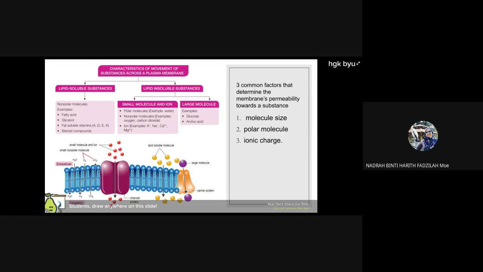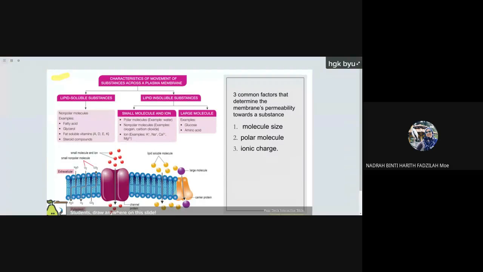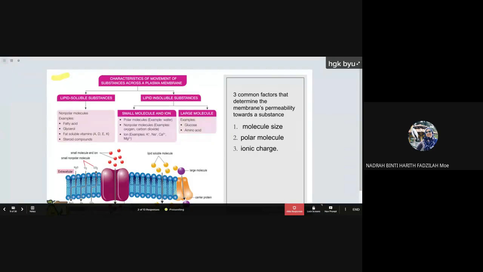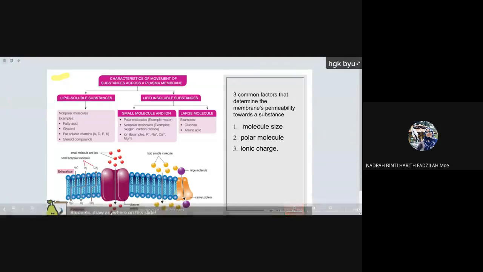Diagram ni saya ambil daripada textbook supaya resource kita adalah sama saja. Tak ada beza-beza lah. Saya punya boleh rujuk pada saya punya screen.